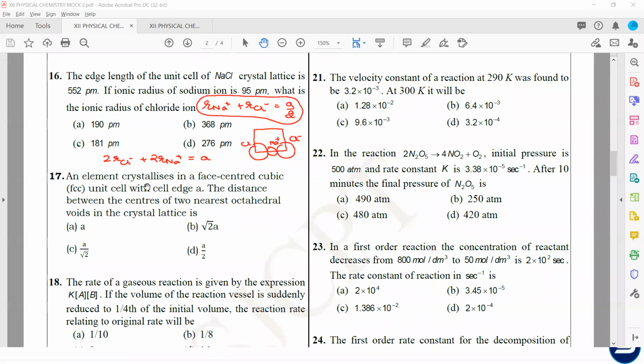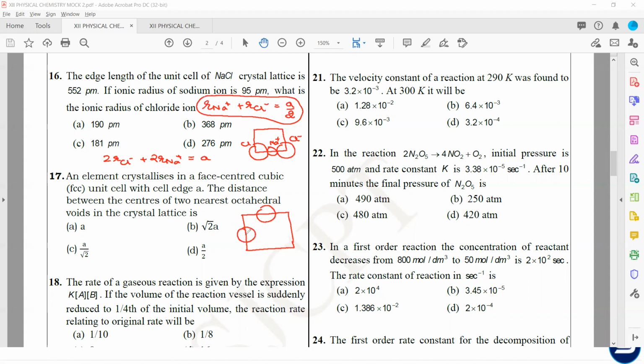Next, an element crystallizes in face-centered cubic unit cell with a cell edge of A. The distance between the centers of two nearest octahedral voids in a crystal lattice is A by root 2. See, octahedral voids are present at the edge center and at the body center.